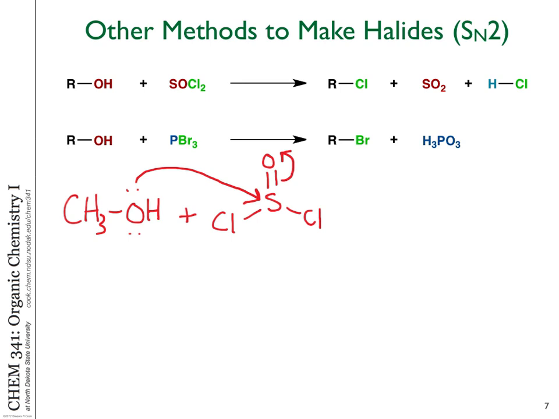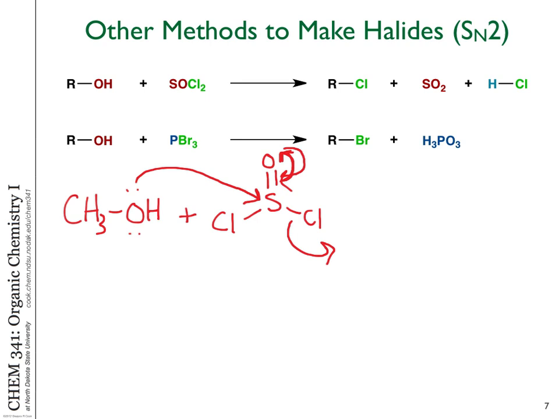But we also have on that sulfur a relatively weak bond that can leave. So those electrons, while initially pushed up onto the oxygen, actually will come back down and cleave the chloride. So oftentimes we might not even write these arrows here. This will attack the sulfur and the chloride will come off.